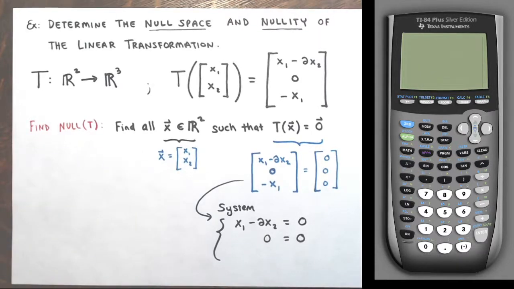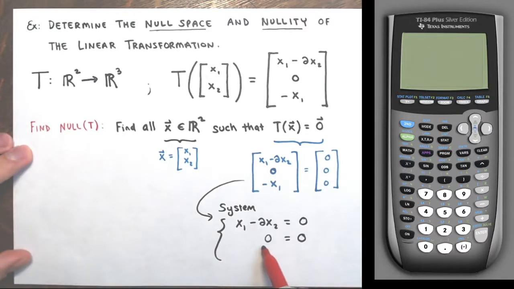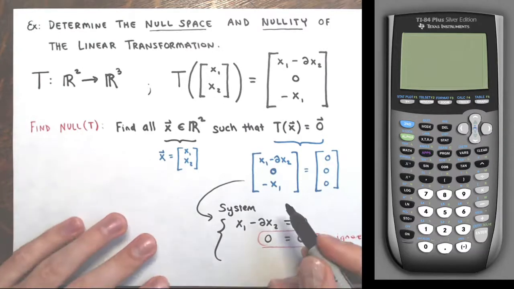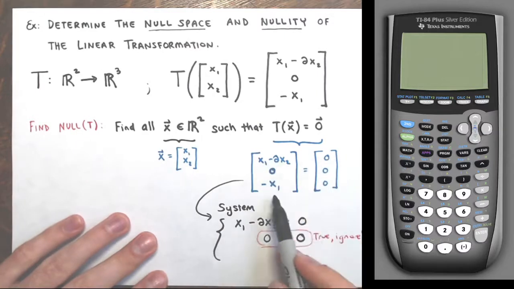It's like having a row of zeros in an augmented matrix for a system. This is always true, a true statement, and there's nothing to be done with that line. So the only ones I'm focusing on are the first and third lines: x1 minus 2x2 must be 0, and negative x1 must also be equal to 0.